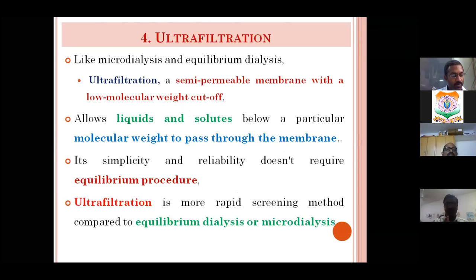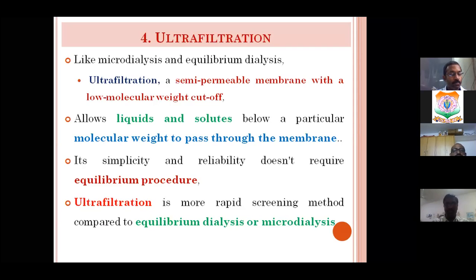This membrane allows liquids and solutes below a particular molecular weight to pass through. It is simple and reliable and does not require any equilibrium procedure. Here we don't want any equilibrium procedure like the 24 hours which we require in earlier models. That is the reason ultrafiltration is a more rapid screening method as compared to equilibrium dialysis or microdialysis.